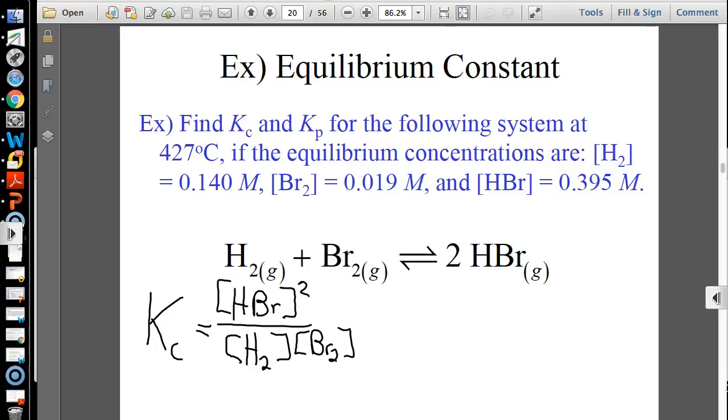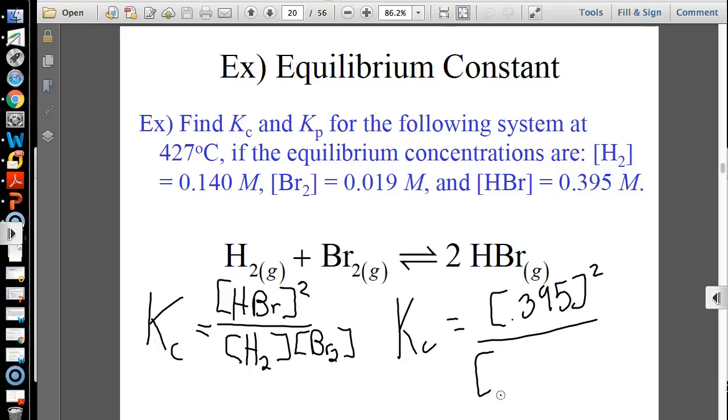So I'm just going to fill in the numbers that they gave me. HBr is 0.395, and it's going to be squared. On my calculator, I'm going to hit the second button, and then down here, I'm going to go 0.140 for hydrogen, and then bromine 0.019.